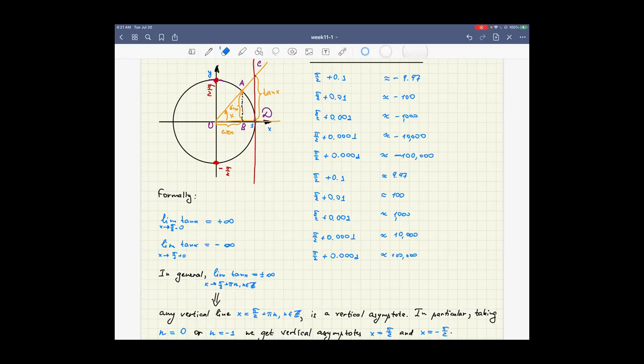Oh, that was supposed to be, by the way, minuses. We want to be in the first quadrant. As we approach pi over 2 staying in the first quadrant, the values of tangent quickly explode to infinity.